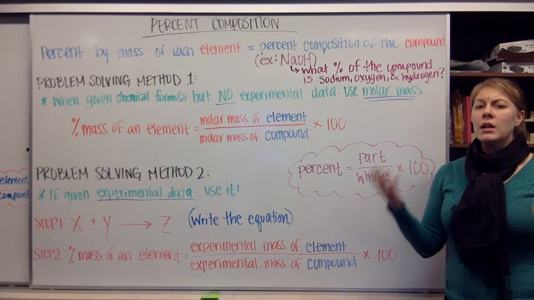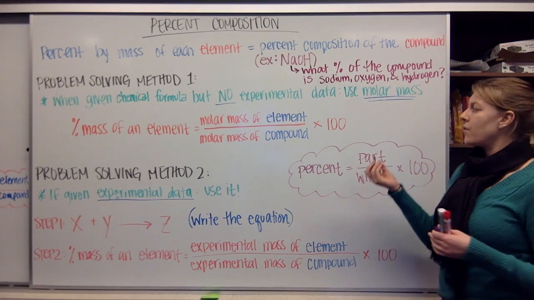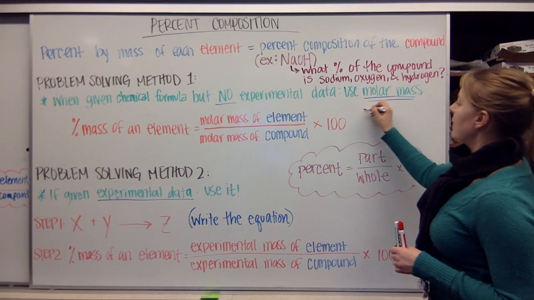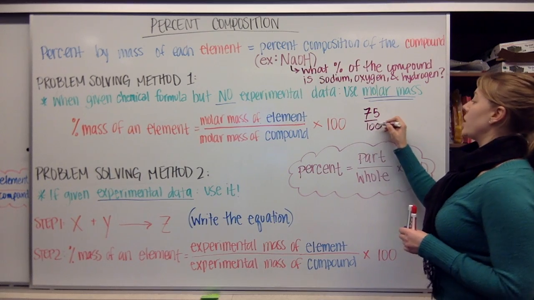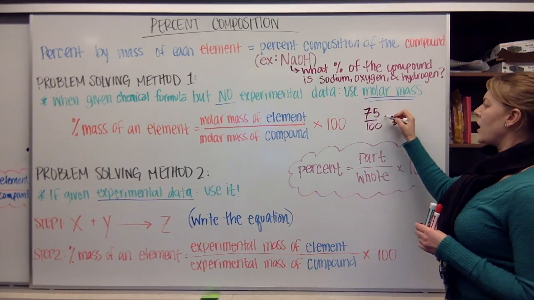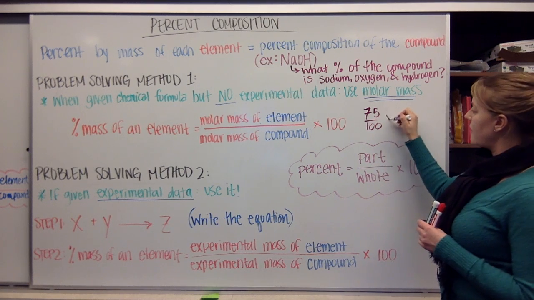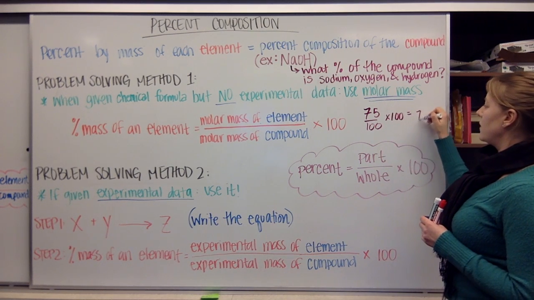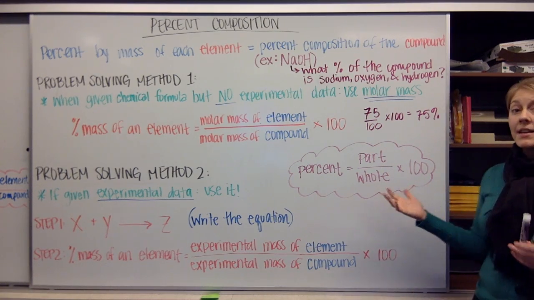Let's look at this using tests. Let's say you get a test back and you got 75 questions right, and there were 100 questions. If you take 75, the number right, divided by the total questions, and multiply that by 100, you get your percent on the test. Same idea here.